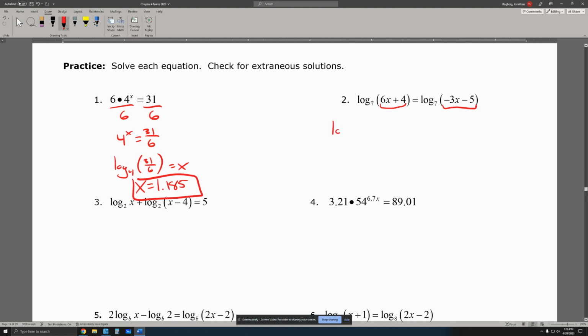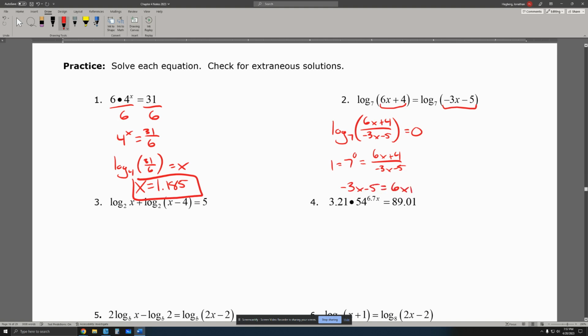So this would be log base 7 of 6x plus 4 divided by the quantity negative 3x minus 5 is equal to 0. Okay, and then we would get 7 to the 0 is equal to 6x plus 4 over negative 3x minus 5. And then this quantity, 7 to the 0, is equal to 1. And so then what we get is multiplying both sides by negative 3x minus 5.